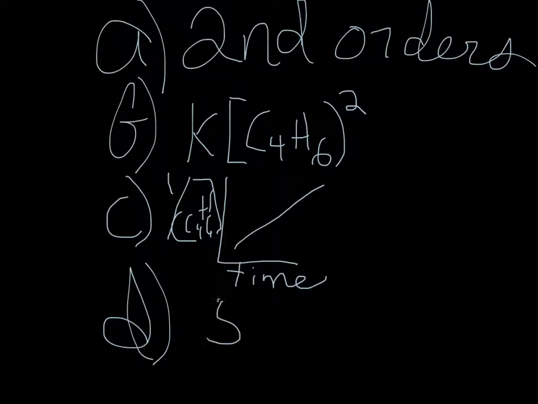So basically, you need to go through 5 half-lives in order to decrease to 3.1% of its original concentration.